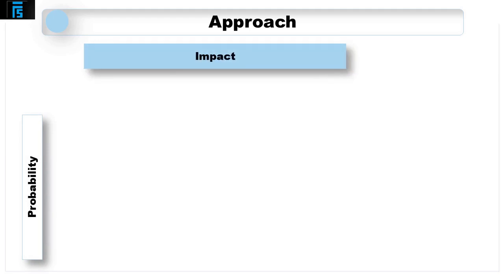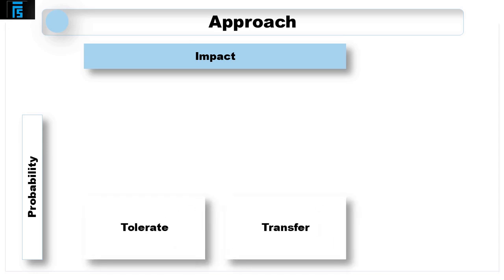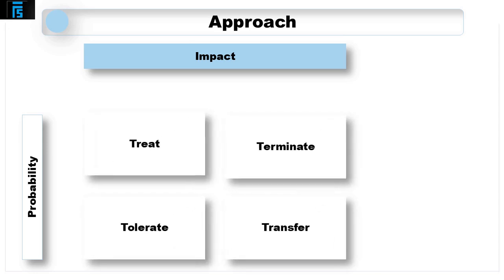The approach to risk management can be summarized in the so-called 4T framework, in which, depending on the level of likelihood of occurrence of a risk factor as well as the severity of its impact, a company can apply one of the 4Ts, namely tolerate, transfer, terminate, or treat the risk factors.